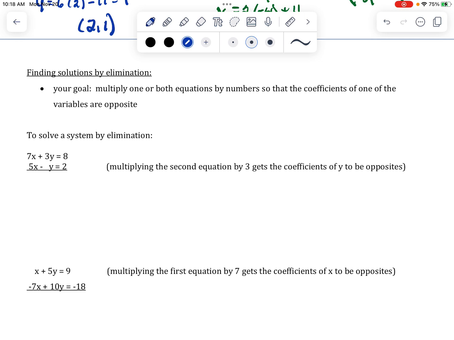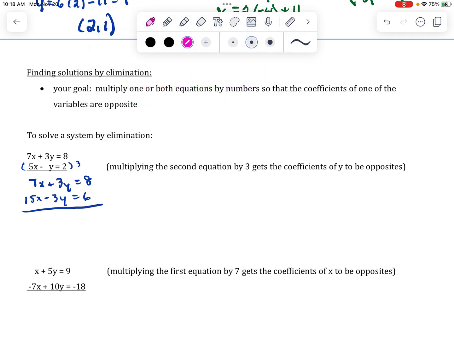So what we're going to do first, I'm going to write my original equation, my top one. My second equation, I am going to multiply both sides by 3. So I have 15x minus 3y equals 6, and that's a legal move. I can multiply both sides of an equation by the same number.